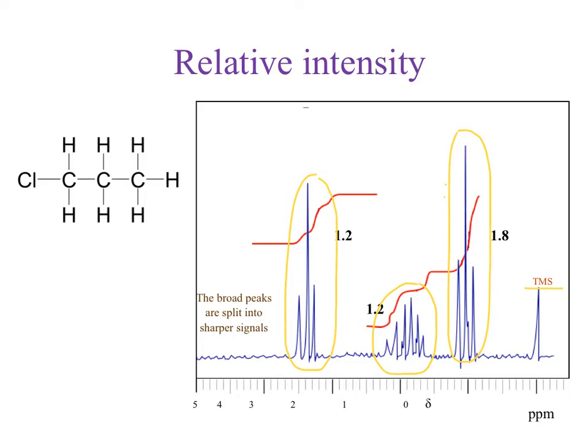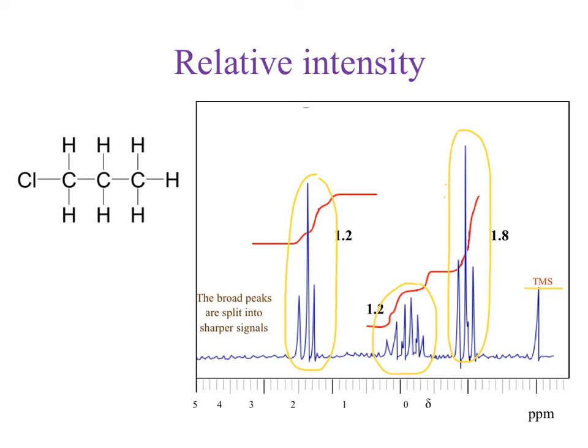Now I've got 3 main peaks. We will talk in another lesson about why these peaks are split, but before we leave that, it's to do with the number of hydrogens on the carbon beside the carbon that we are talking about, but that's for another lesson. You can see here that we have 3 groups of equivalent hydrogens.